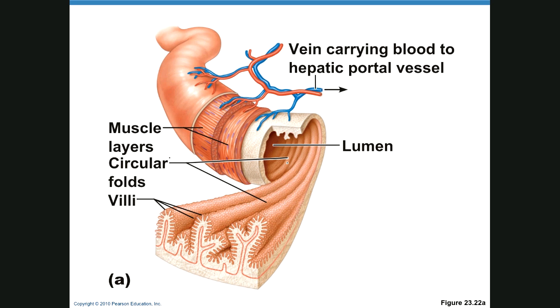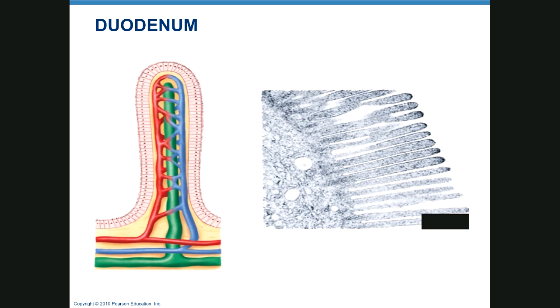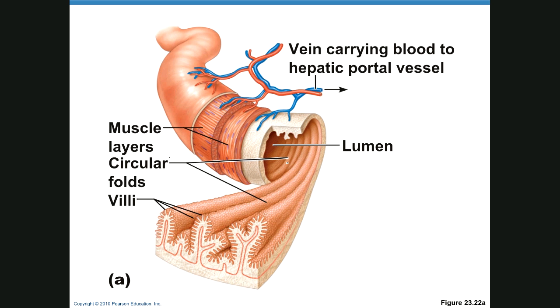The small intestine has epithelium that is folded, and these are permanent folds called plicae. The folds are made of further folds called villi. So these little folds here are the villi, and these are all permanent folds. This is one villus right here, one of these little finger-like projections.